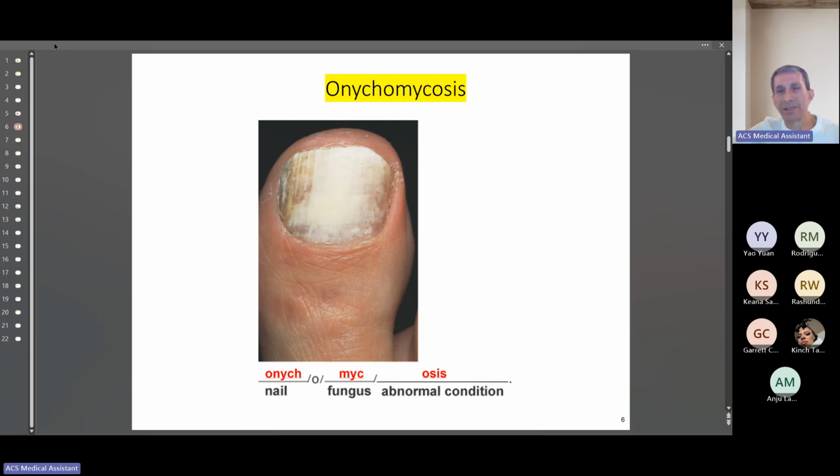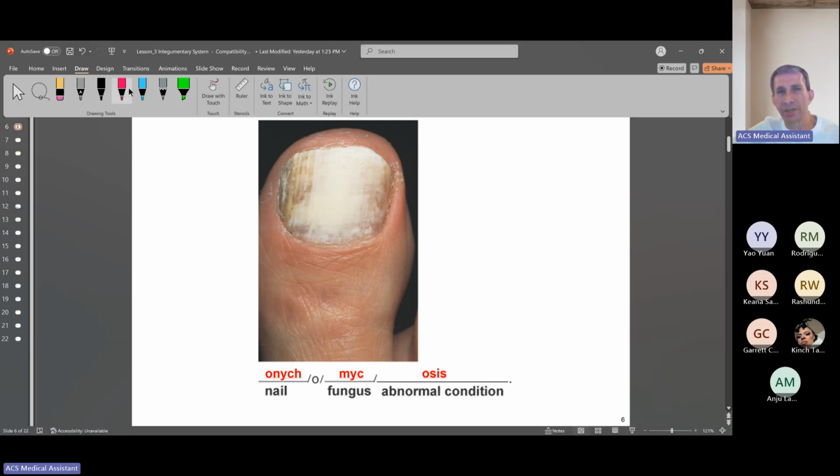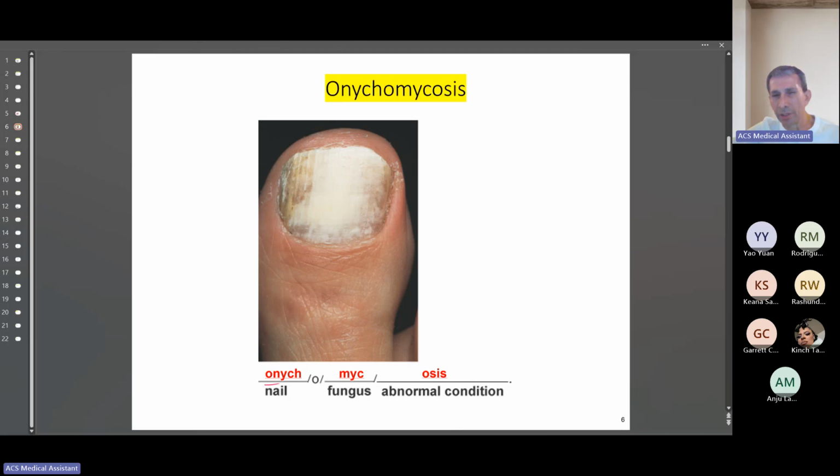So let's break this down because it's written on the bottom. So onyx, remember that I told you that it was nail. Myco is fungus. Osis is an abnormal condition. We went over that. So this is an abnormal condition of the nails.